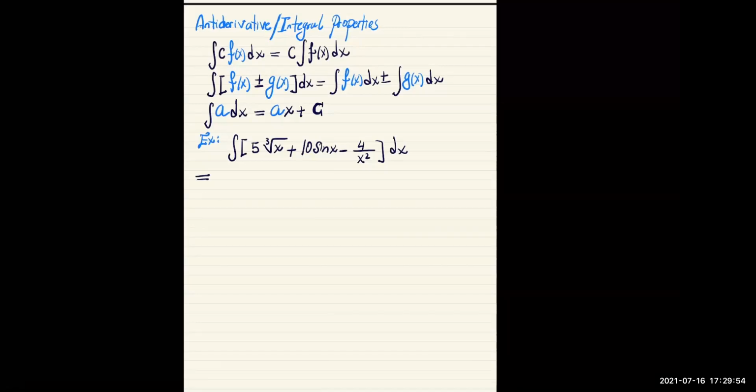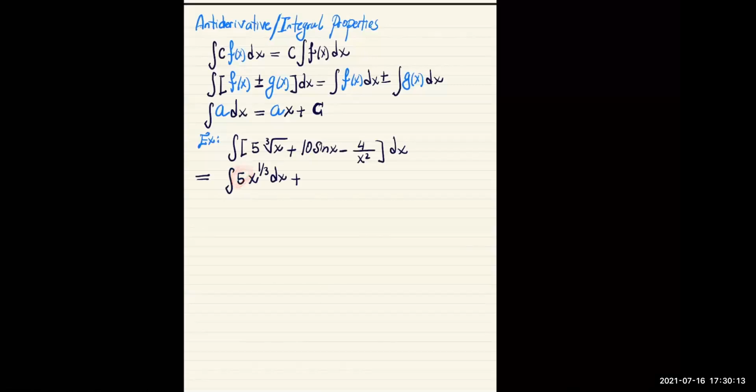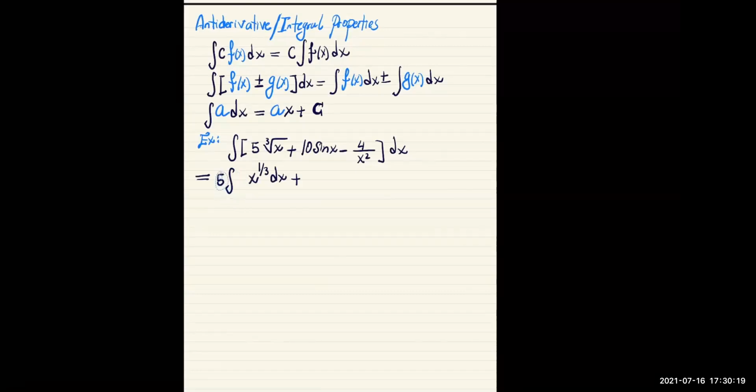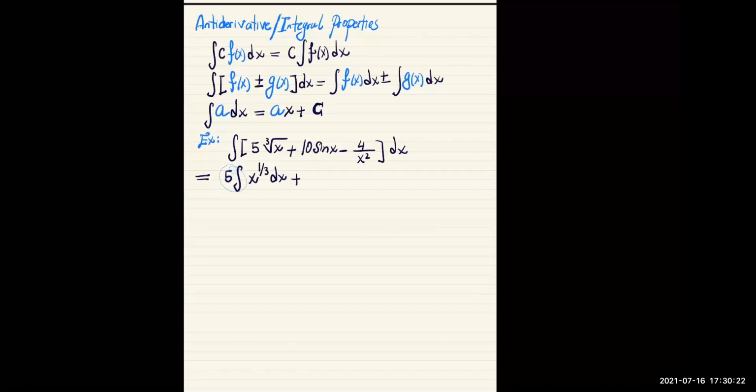So what we do here is, I'm gonna apply the antiderivative to that cube root, and I'm gonna write that, if you don't mind, as x to the 1/3 as a power. So we take the antiderivative of that plus, and again, I have this constant sitting in front of the function. Let's pull that out of that antiderivative.